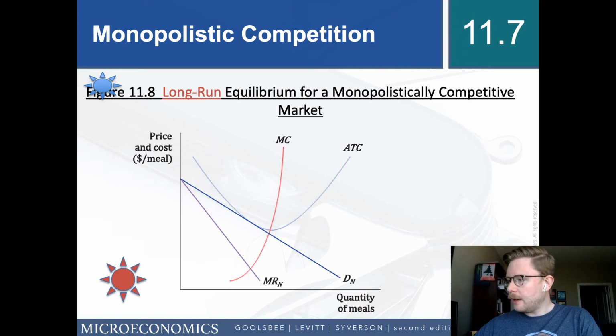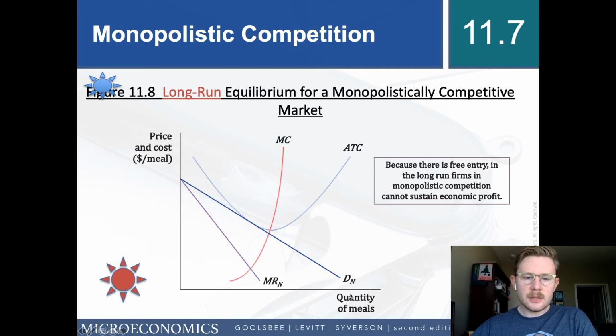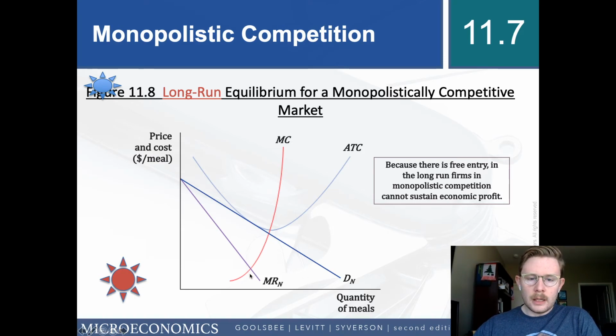We're assuming now that in the long run, entry occurs until it's no longer profitable. So because there's free entry in the market, the long run firms in monopolistic competition can't sustain a profit. So we have, as usual, marginal revenue equal to marginal cost.